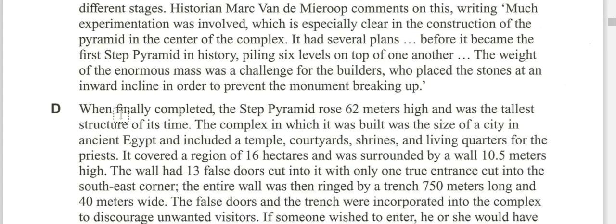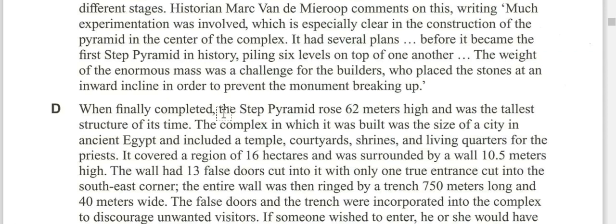When finally completed, the Step Pyramid rose 62 meters high and was the tallest structure of its time. The complex in which it was built was the size of a city in ancient Egypt and included a temple, courtyards, shrines, and living quarters for the priests.